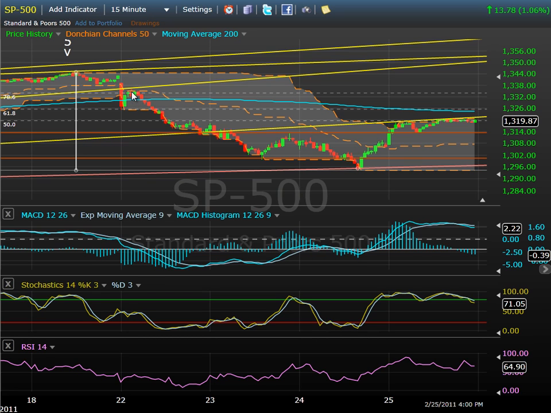But we really don't want to see a convincing push through this last minor high at this point. We don't want to see a gap fill here either.